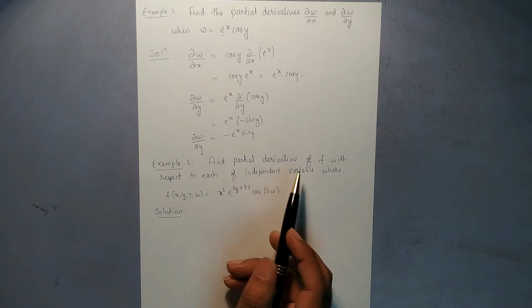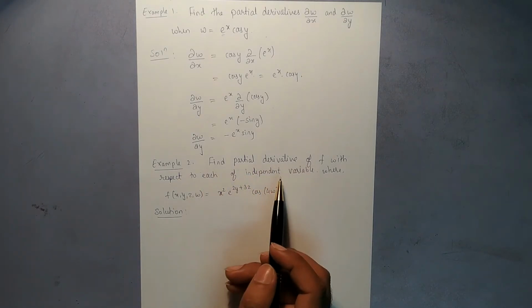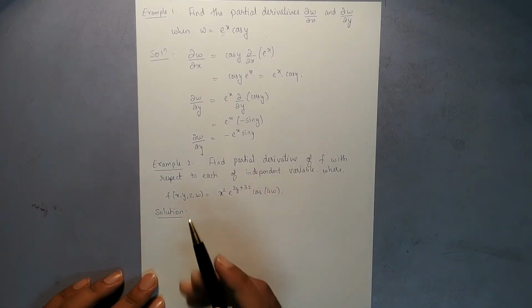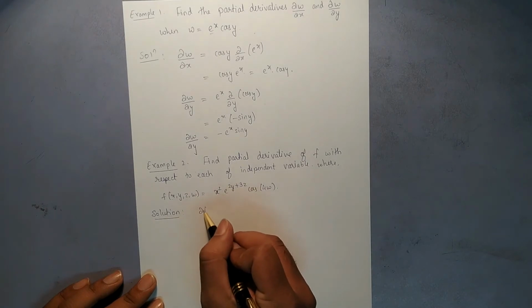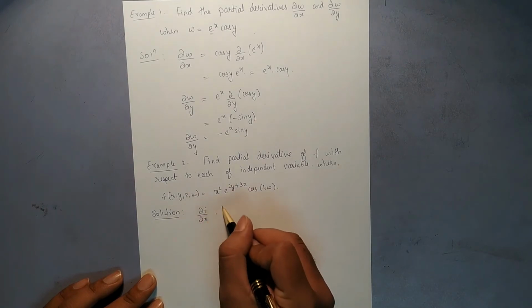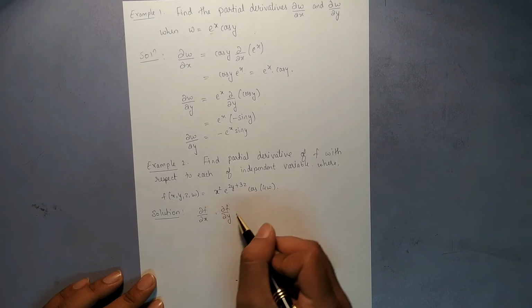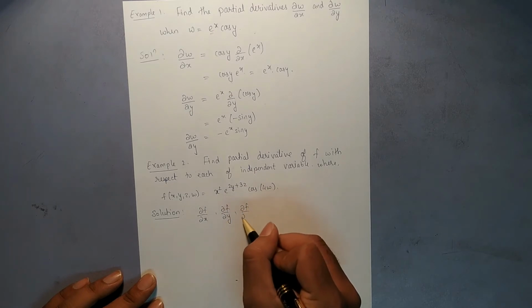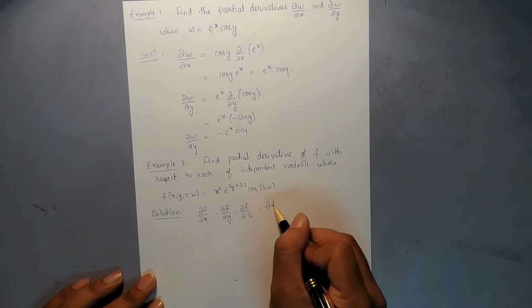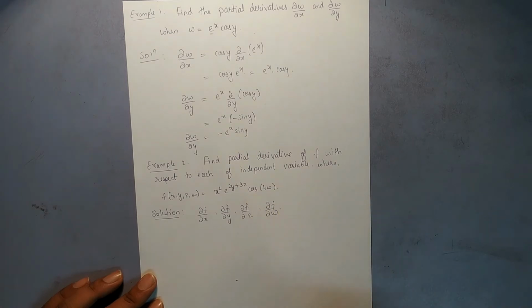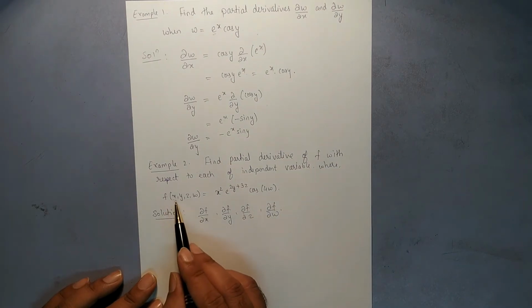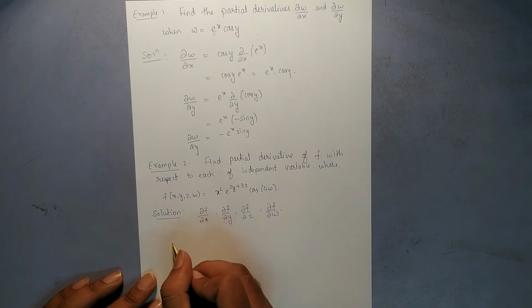So we have to find the partial derivative of f with respect to each independent variable: ∂f/∂x, ∂f/∂y, ∂f/∂z, and ∂f/∂w, because our function depends on these 4 variables. So we will solve one by one.